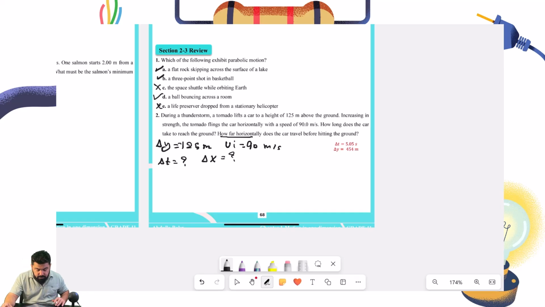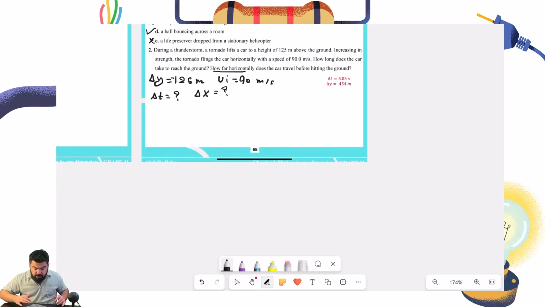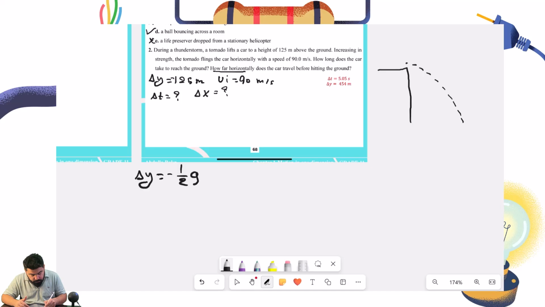So I have delta y, which is negative 125. Now for finding, guys, this is like the one that we studied. You have this, for example, and the object is going down like this, be careful. So for finding delta t, I'm going to use this equation. Delta y is equal to negative 1 over 2 g delta t squared.